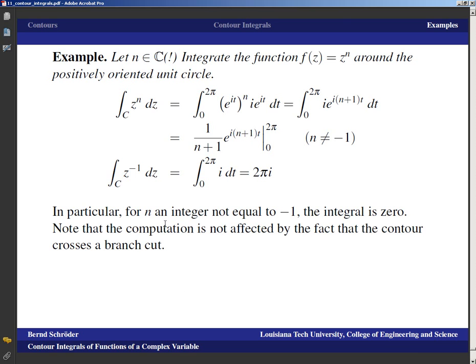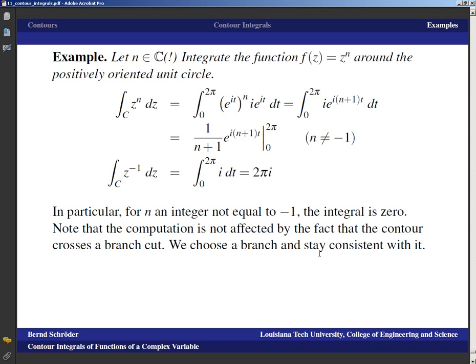Note that even though we had to be very careful with branches, this all works out for complex exponents. For integer exponents there is no problem because there is no ambiguity, but for complex exponents the computation is not affected by the fact that we're crossing a branch cut.